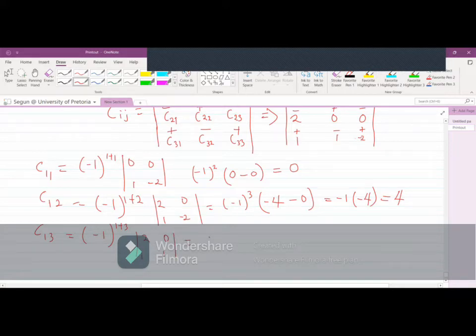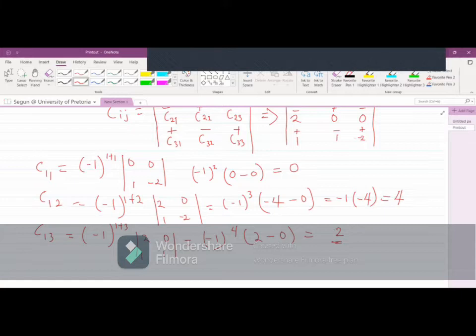It will now be minus 1 raised to power 4, open the brackets, 2 minus 0. At the end of the day, you have it to be what? 2. Because minus 1 raised to power 4 is positive. So 1 times 2 is 2.